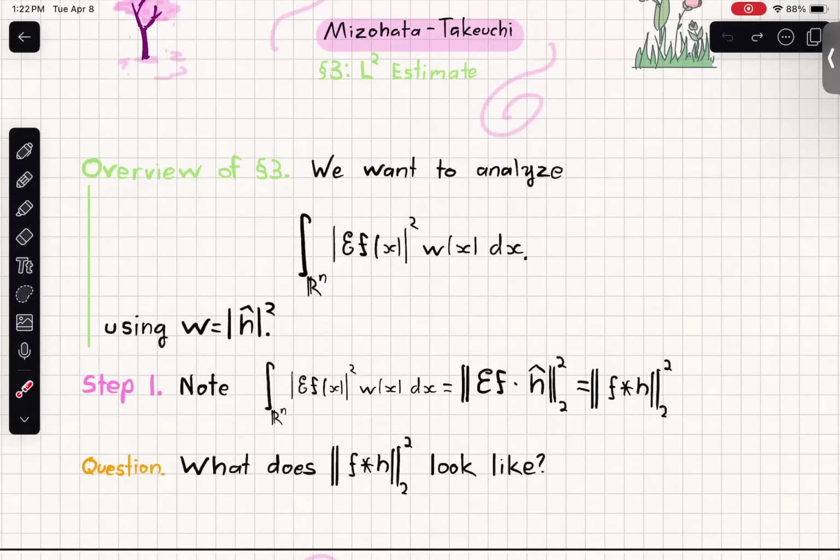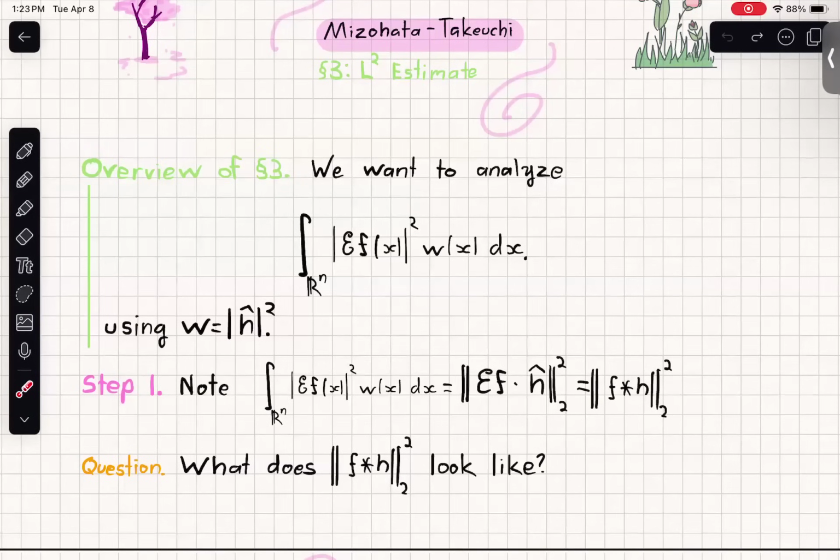So I'm taking this EF and we're taking EF squared times W, which is EF squared times H hat squared, and we're integrating the square of the product. And if we take the Fourier transform of the product, then we just get a convolution. And one of the principles that we should be working with is that we should not be afraid of convolutions.